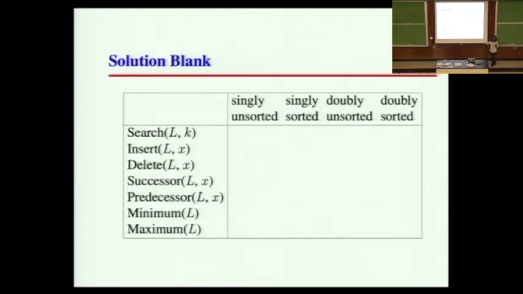Now suppose I have to search in this linked list. I give you a key, and I say, look for this key and tell me what the value stored at that location is. What would be the running time that you can come up with?